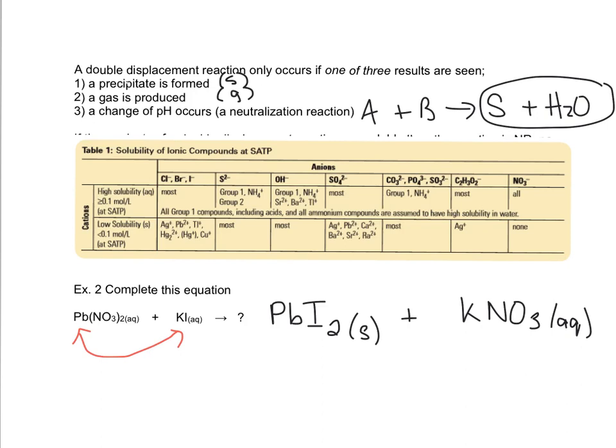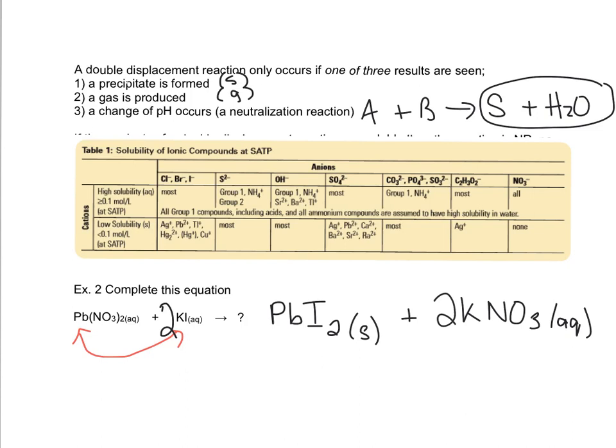And now all we have to do is balance this chemical equation, and then we're done. So we need 2 KIs, because we need 2 iodines. We need 2 I's, which gives us 2 K's, so 2 potassiums. So we need a 2 over here.